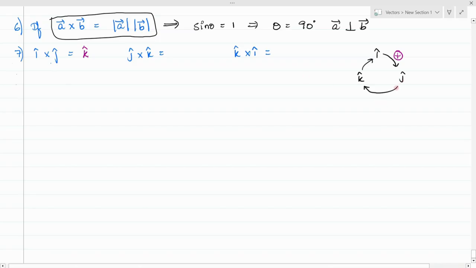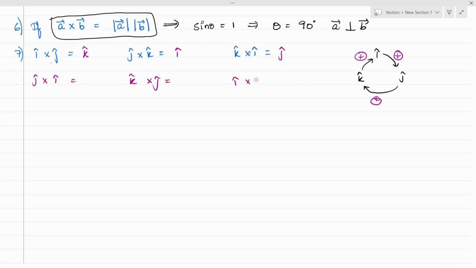Similarly, J cross K, again plus, it becomes the remaining one, plus I. Next, K cross I is plus, so it becomes plus J. Whereas if it is J cross I or K cross J or I cross K, then it becomes the opposite direction.